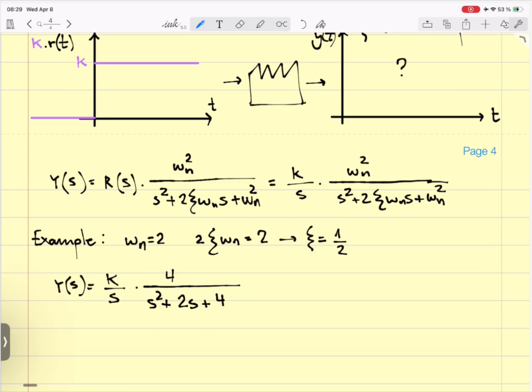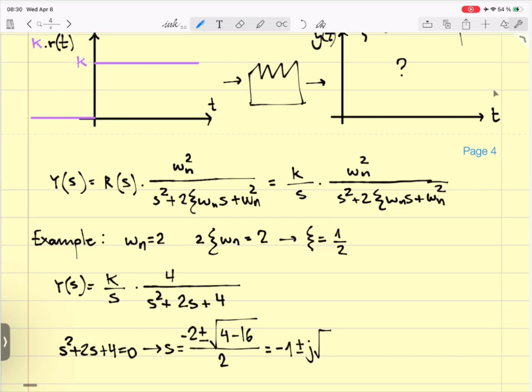So if we want to separate this, s squared plus 2s plus 4 equals 0, the poles are minus 2 plus minus the square root of 4 minus 16, divided by 2. This becomes minus 1 plus minus j root of 3.